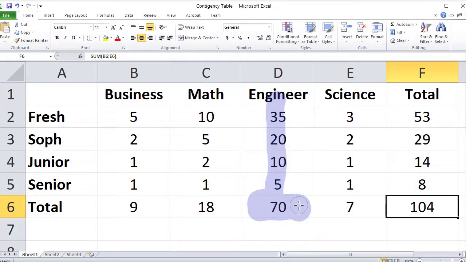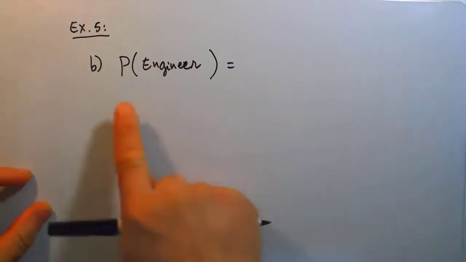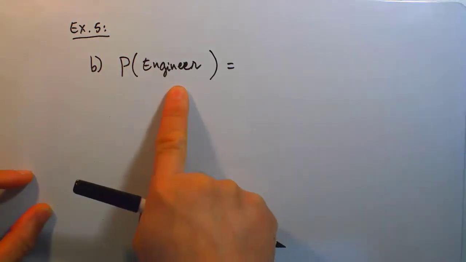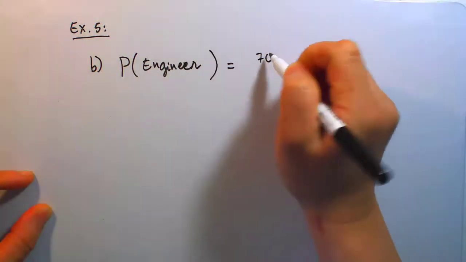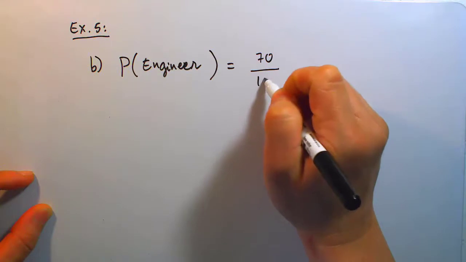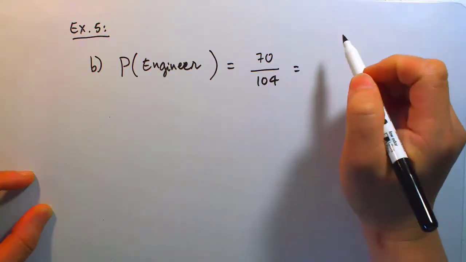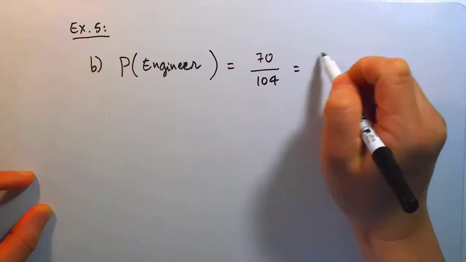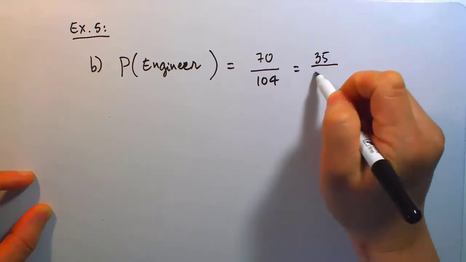And so that concludes my probability of finding an engineering major in this class. The probability for that is 70 out of 104, which in turn reduces down to 35 out of 52.